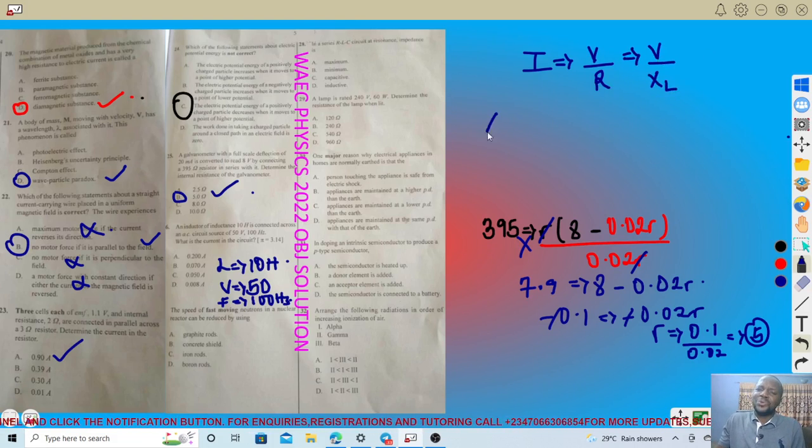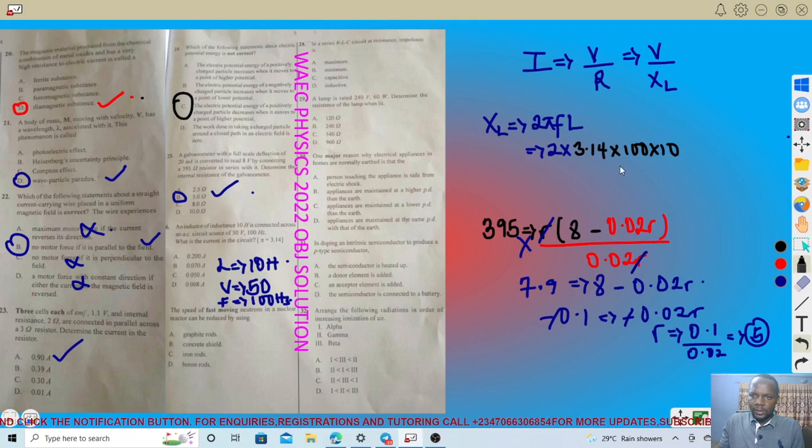So directly, you know XL is equal to 2 pi f L. I hope you have studied this. So 2 times pi, which is 3.14, times the frequency 100, times the inductance 10. So that is 2000 times 3.14.